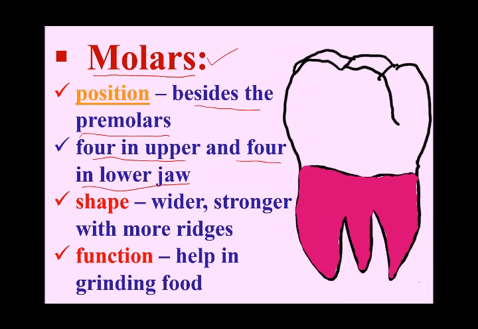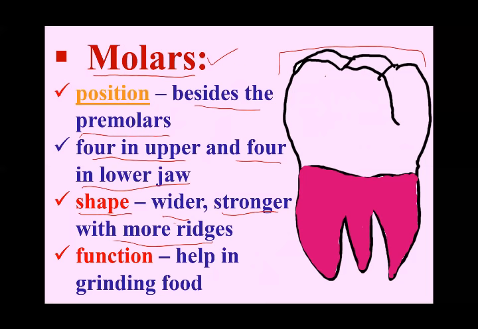Now the shape of the molars. They are wider, stronger with more ridges. As you can observe here, the wideness of this tooth increases. In comparison to premolars, they are broader.